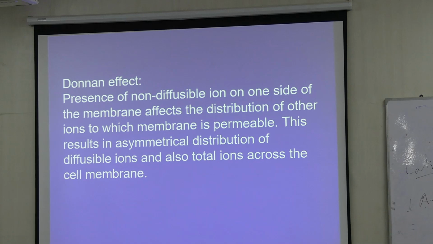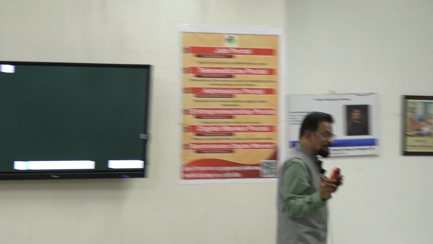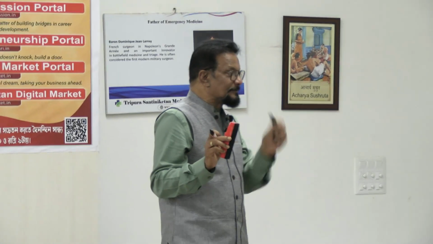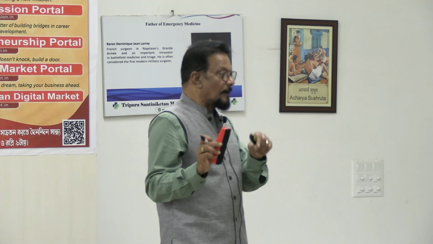This results in asymmetrical distribution of diffusible ions and also total ions across the cell membrane. So who is responsible? The Gibbs-Donnan effect, and it is because of the existence of impermeable ion within the cell. Mainly it happens within the cell.